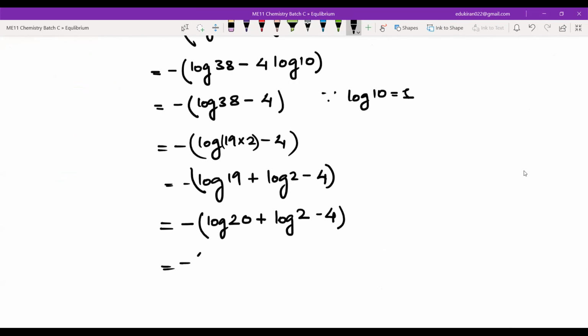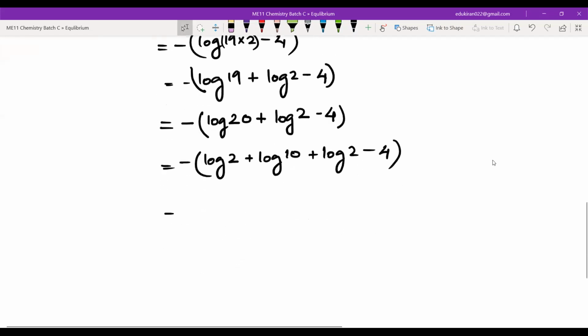And then you can write this as minus of log of 2 plus log of 10 plus log of 2 minus 4. So I hope we have all the values, and we can write this as minus of log of 2 is 0.3 plus 1 plus 0.3 minus 4.